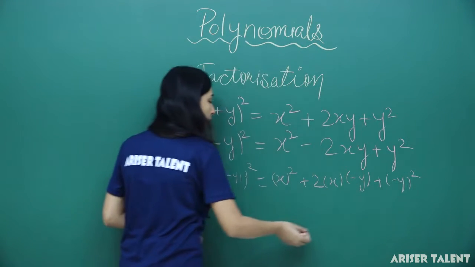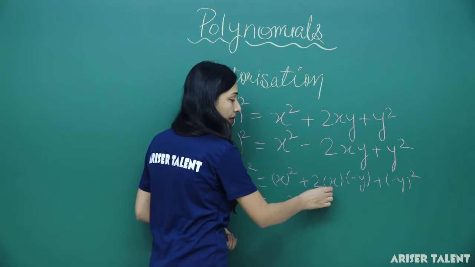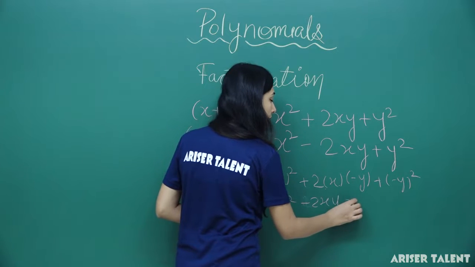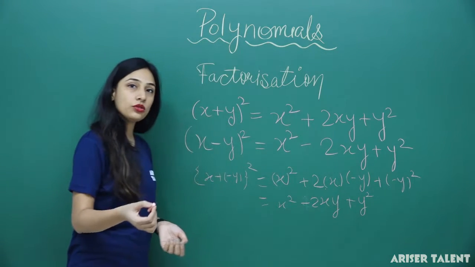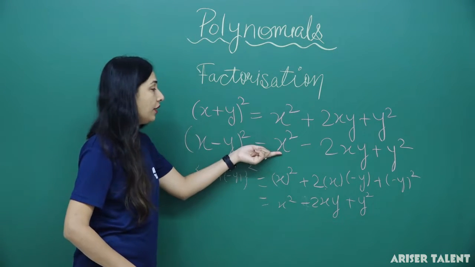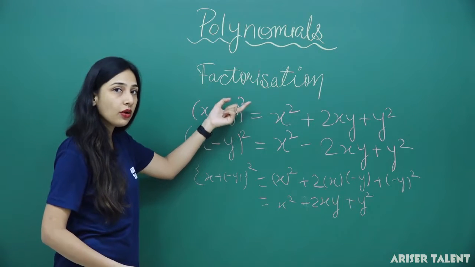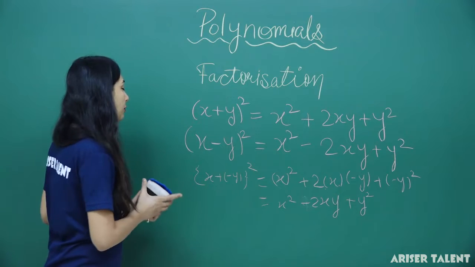Now (minus y) whole square is y square, so that will be x square minus 2xy plus y square, because (minus y) whole square is plus y square. So this is the same formula we are using here, derived from (x plus y) whole square.